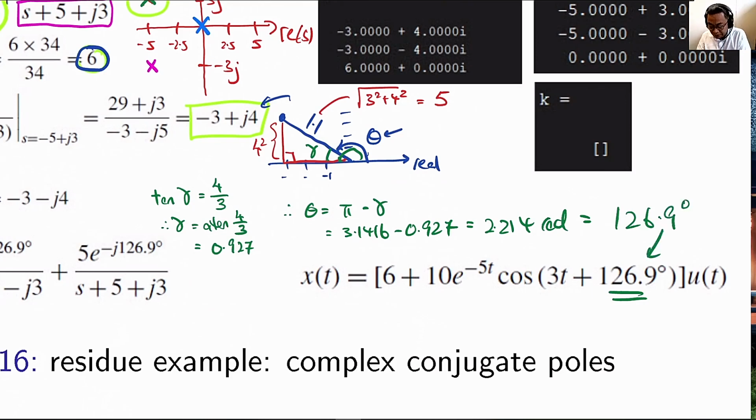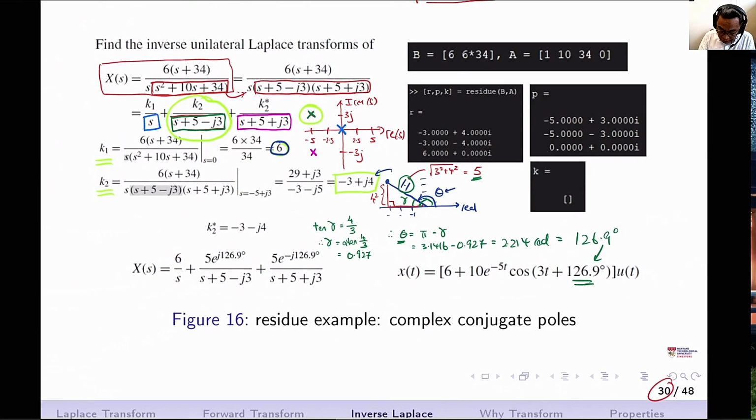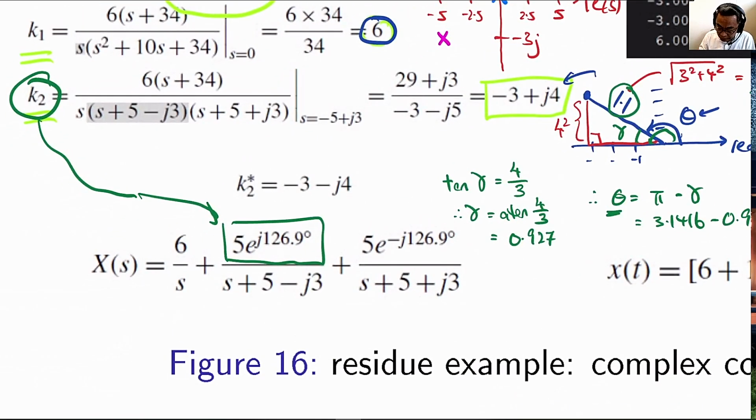So we have found theta, and we have found the length, which is 5. This will become useful because this is K2. K2 is here, and it will be useful for us later on. Where do we put K2? Here. It will be 5 with the angle theta.